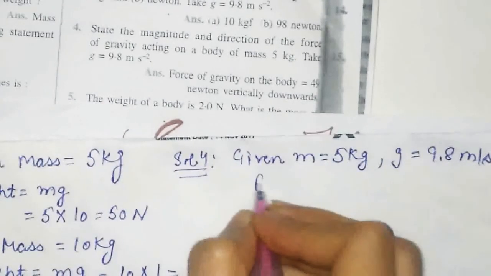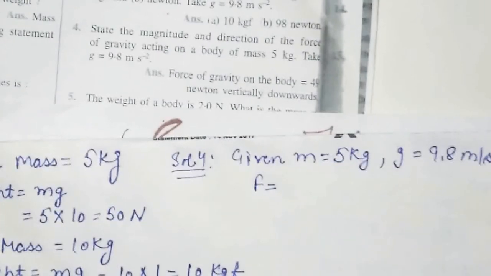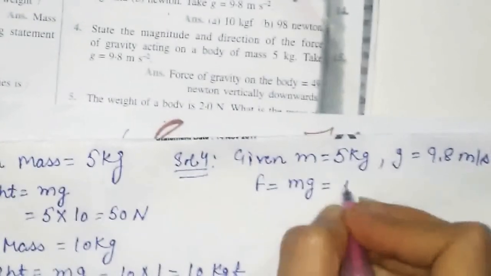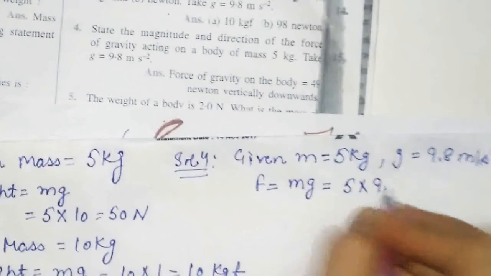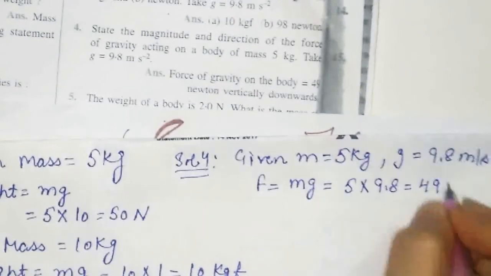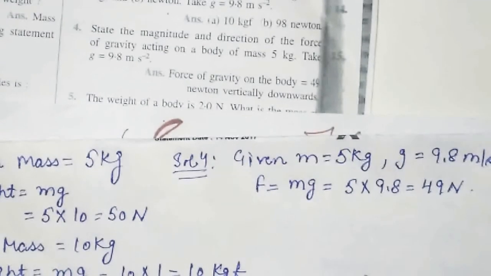We know the formula of force, F is equal to m into g. Here m is 5 and g is 9.8, and the answer becomes, after multiplication, 49 Newton.